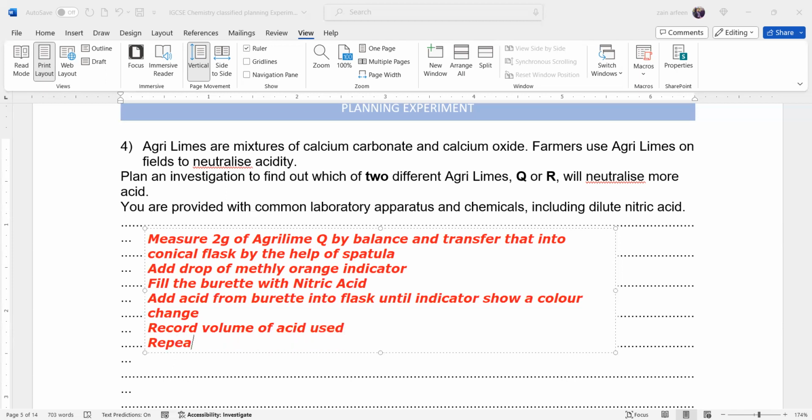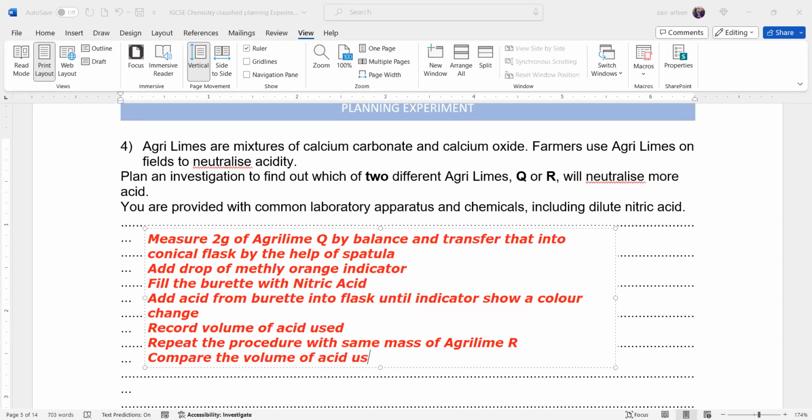Then repeat the procedure with the same mass of Agri Lime R. Then compare the volume of acid used to neutralize.